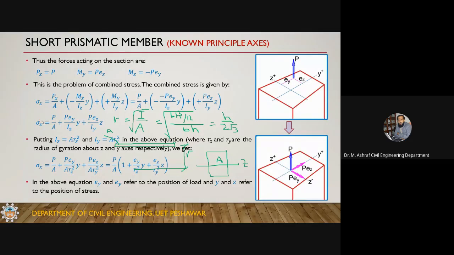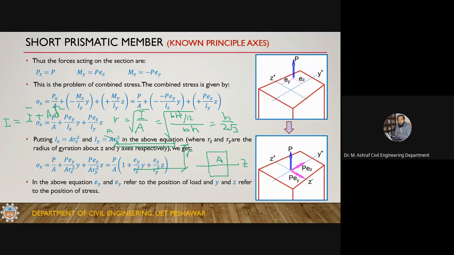We also know the formula that if you want to calculate the moment of inertia about any axis, you calculate the moment of inertia about the centroid plus A D square. This is the shift formula.